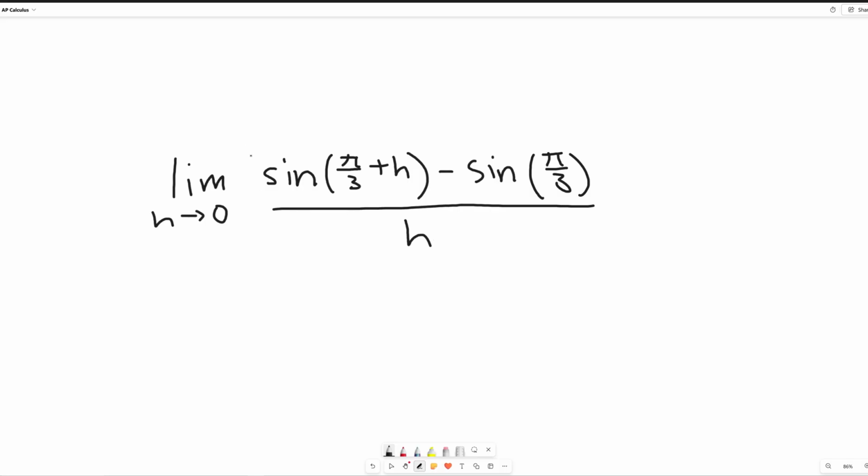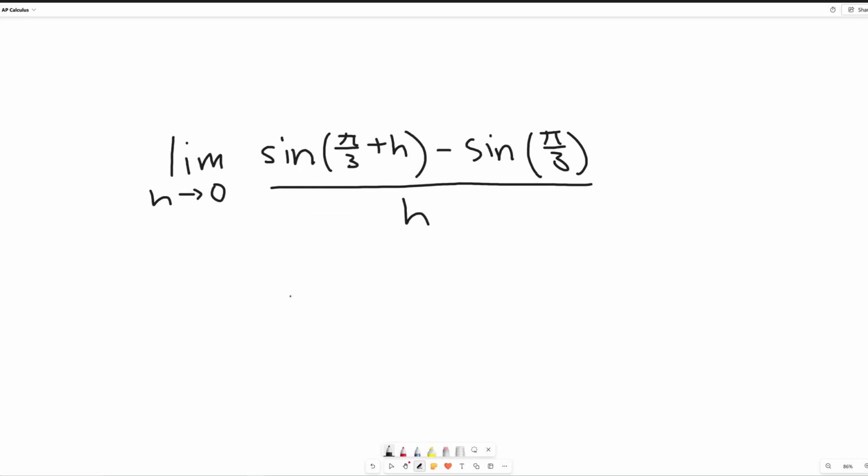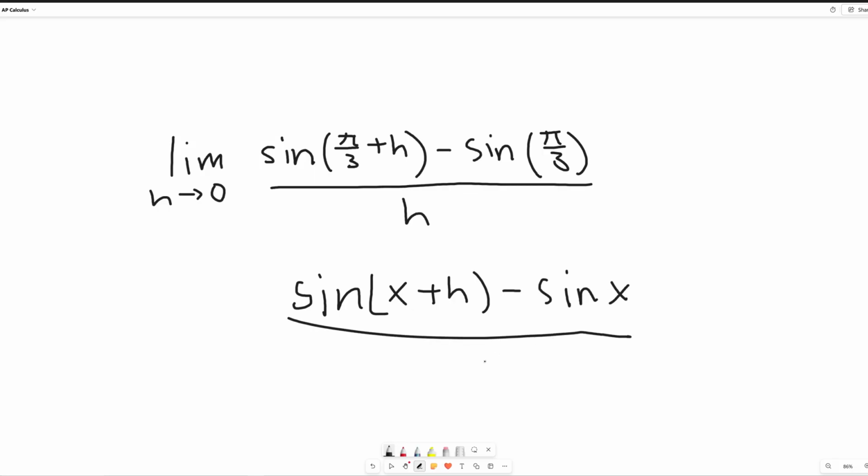Well, we know the limit definition of the derivative. If I gave you sine of x plus h minus sine of x over h, then you, in your brain, should be thinking, this is the derivative of sine.